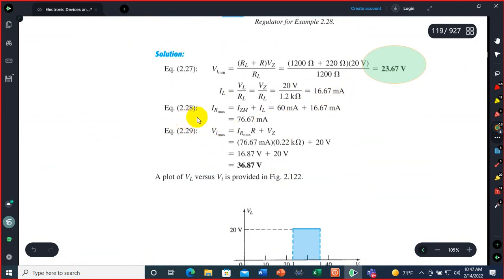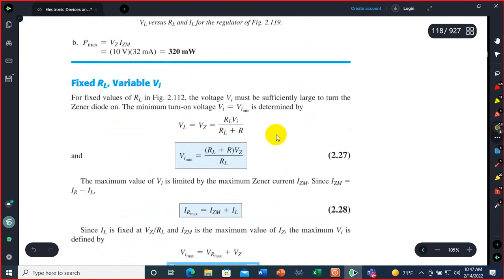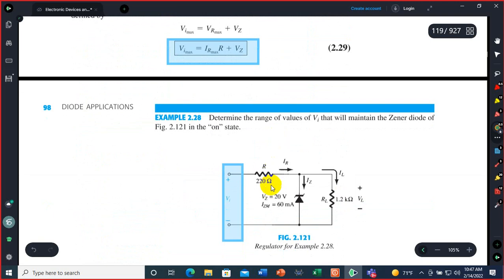So what is the maximum current through the resistance R? It is IZM plus IL. The load current is fixed, and the maximum current through the zener diode is IZM, which is given as 60 milliampere.